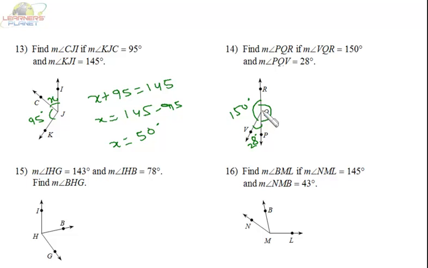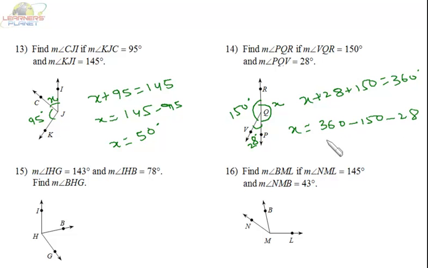Now you have to be very careful that the center angle will be 360 degrees. Suppose it is X. That means X plus 28 plus 150 will be 360. So X will be equal to 360 minus 150 minus 28.